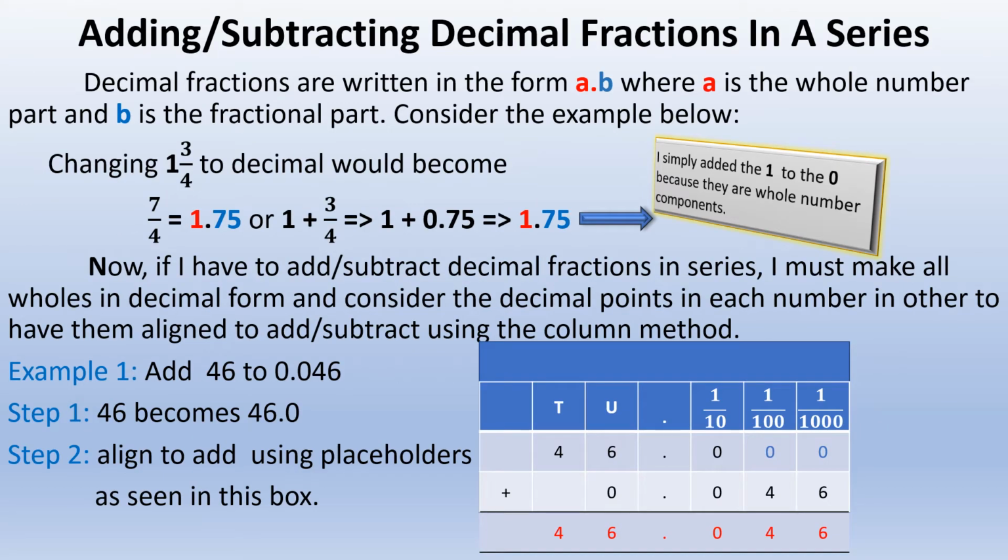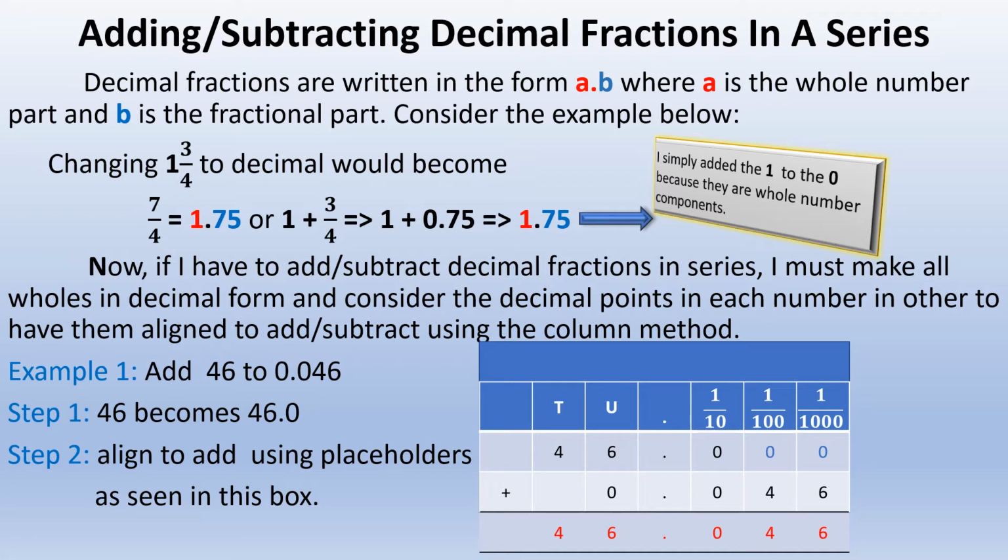All right, now we move into the deal of the day: adding and subtracting decimal fractions in a series. Decimal fractions are usually written in the form a dot b, where a, the number you see before the decimal point, is the whole number part, just like we saw earlier. Mixed numbers have a whole number component greater than or equal to 1 and a fractional part.